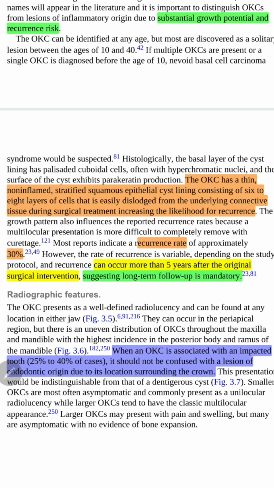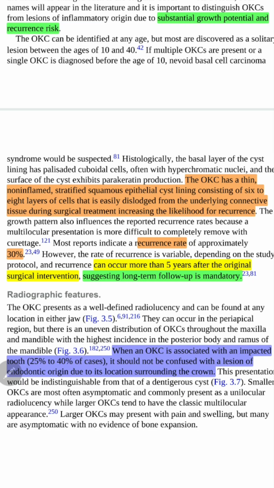These cells can be easily dislodged from the underlying connective tissue during surgical treatment. This is the reason why it has an increased likelihood for recurrence, which can be a 30% rate, and it can occur more than 5 years after the original surgical intervention. So long-term follow-up is mandatory.